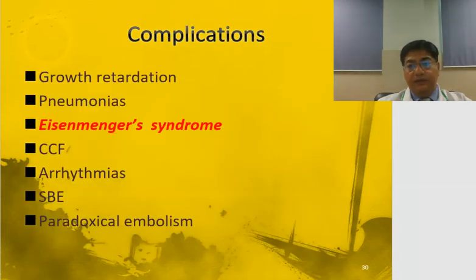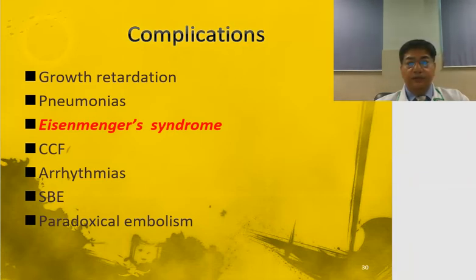The complications, as I told you: malnutrition is a common association, especially with moderate to large size defects, and it may present with repeated pneumonias. Eisenmenger phenomenon is a complication when pulmonary hypertension is severe and the pulmonary pressure is more than the systemic pressure, and due to that the shunt is reversed from left to right to right to left.